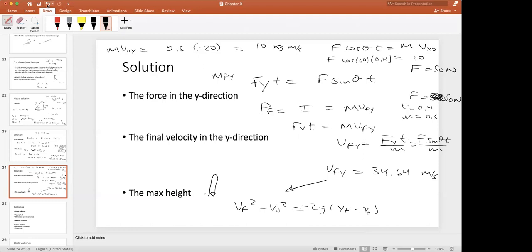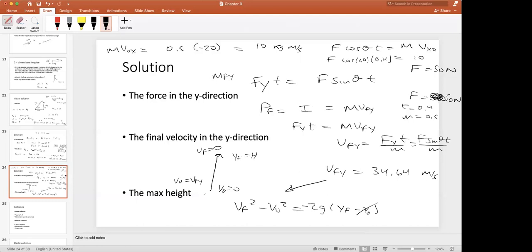And I really shouldn't draw it this way. I should really draw it up to max height. So V initial here is equal to V final Y, and V final here is 0. And Y final is H, and Y initial we can say is 0.